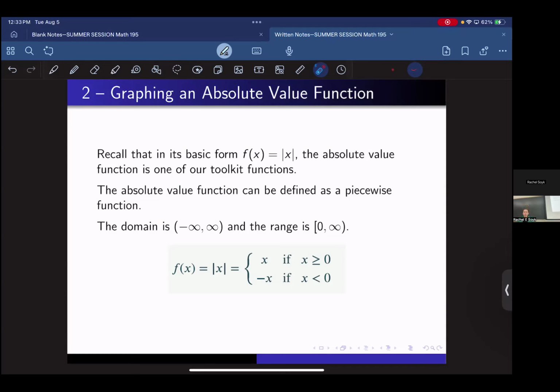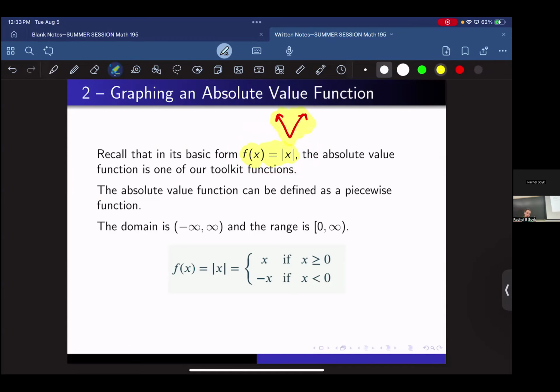So our second objective is graphing an absolute value function. Again, our general function of any absolute value is f of x equals the absolute value of x. And it's one of our famous functions, our toolkit functions, so it's good to know what it looks like. It's that V representation.